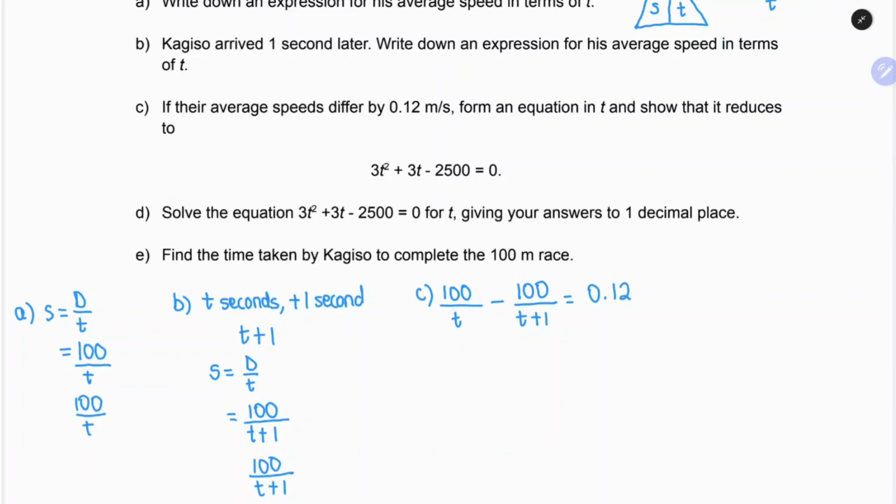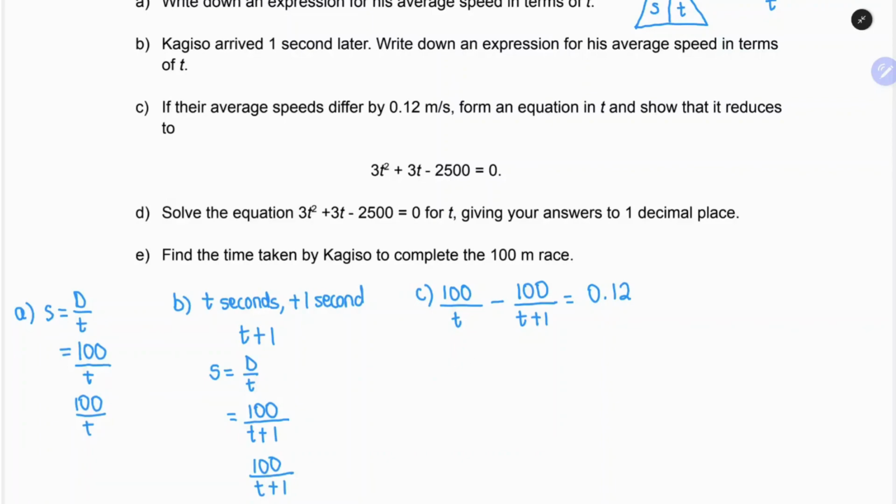Just to clarify again, what this is saying is that the difference between Unopa's speed and Kagiso's speed should be 0.12, as it says here, if the average speeds differ by 0.12. So it will look in this manner: Unopa's speed, who is faster, minus Kagiso's speed, who is slower, is equal to 0.12 if I subtract them from each other.